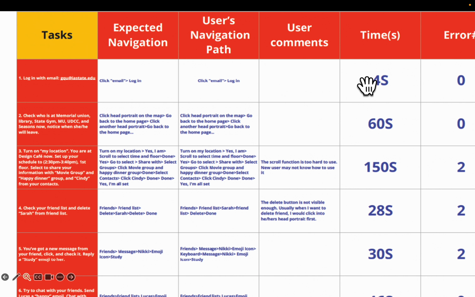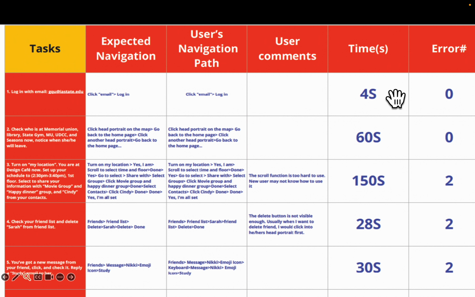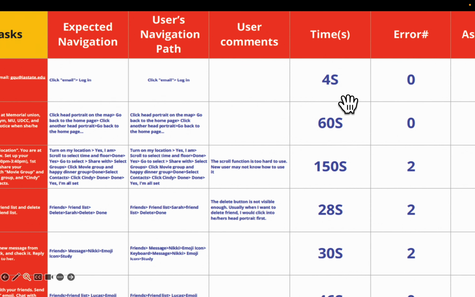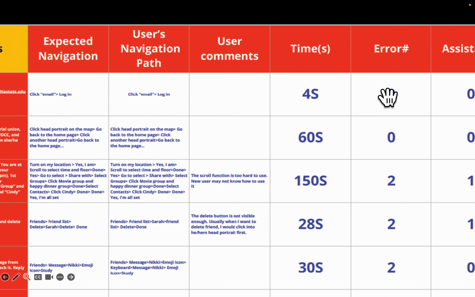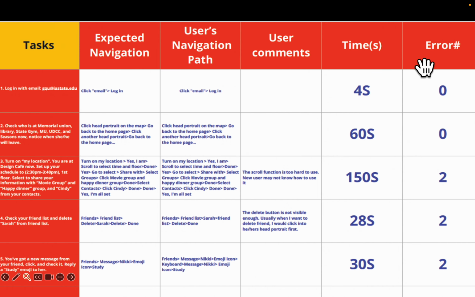And also you may count the time the user spent on this specific task. So write down the time for each task for users to complete. And also the number of errors. Do they make any error when they're trying to complete this task?